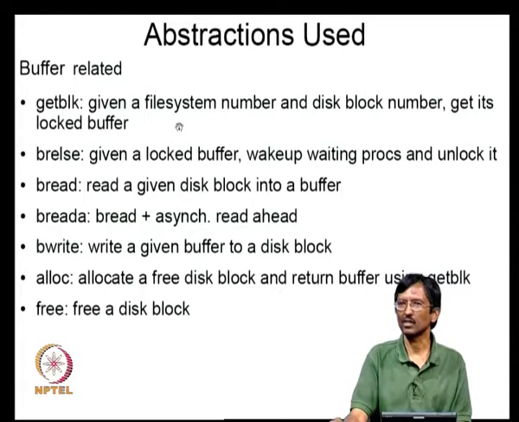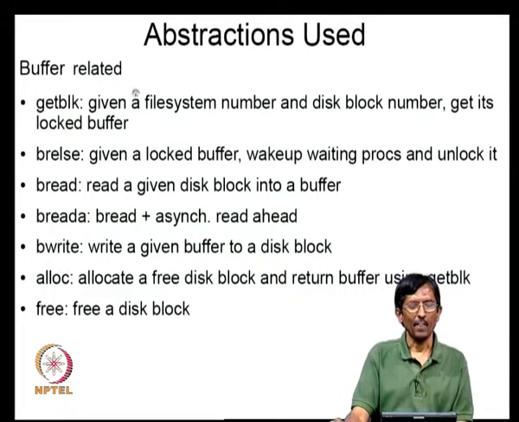Of course, these are all kernel based abstractions. That means these are not available at user level, but are used inside the kernel. For example, in the case of buffer related abstractions, there are various types of calls.